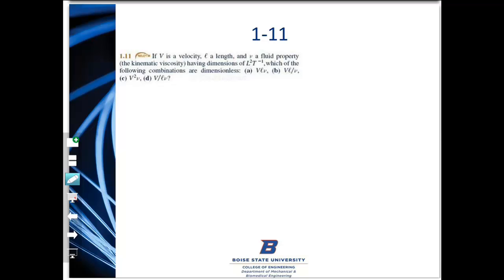So if a particular quantity is dimensionless, then we expect that there would not be any length units nor time units. So if you talk about dimensions, L will be raised to the power 0, T has to be raised to the power 0.